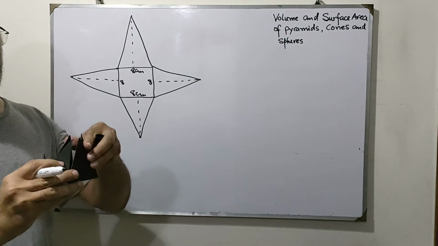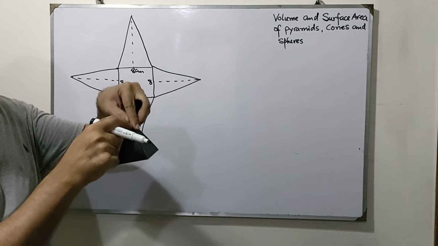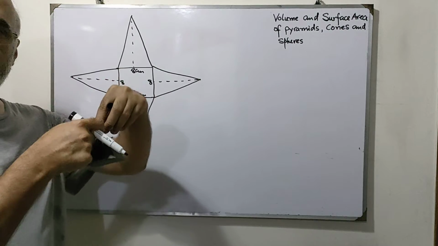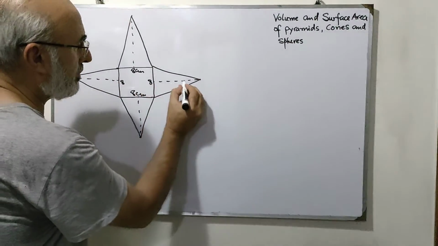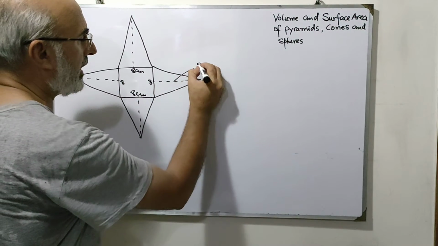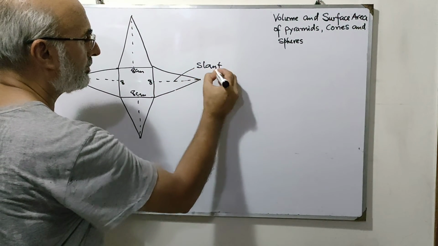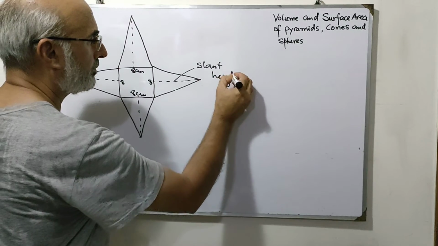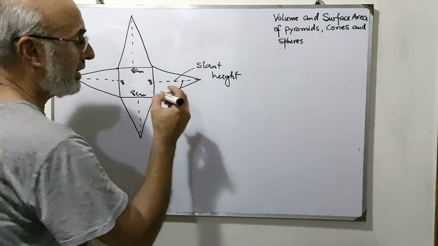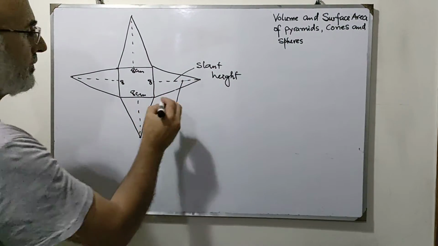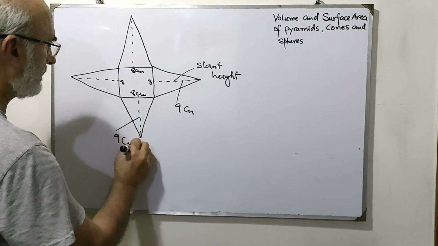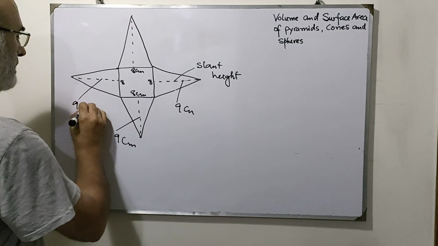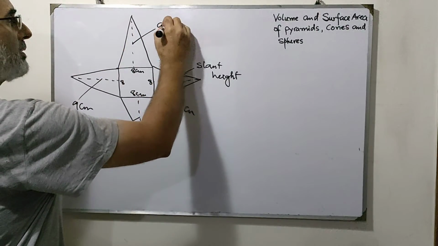When we were talking about this pyramid, we said the triangular faces have their height, and that height was known as the slant height. Now this is that same height, the slant height. If I say this is 9 centimeter, this will be 9 centimeter, this will be 9 centimeter, this will be 9 centimeter.